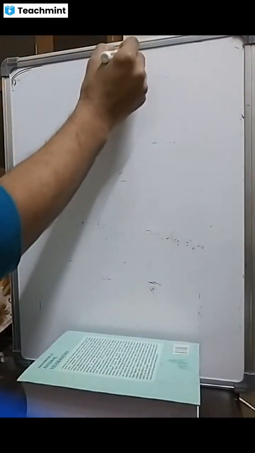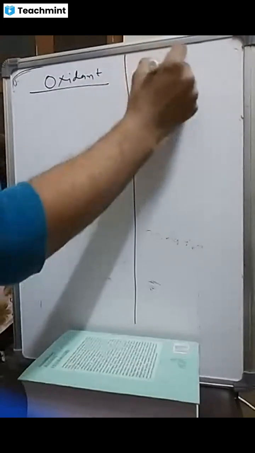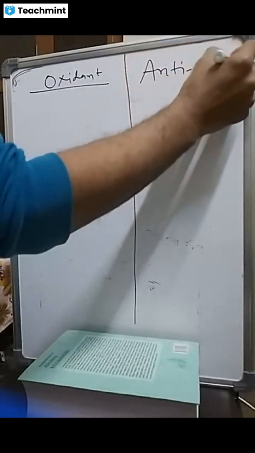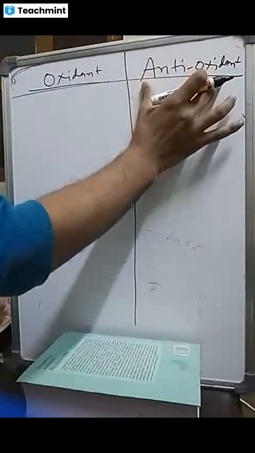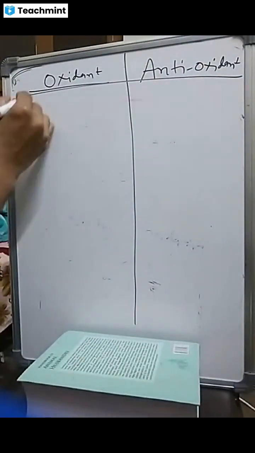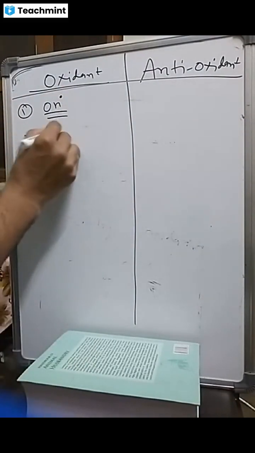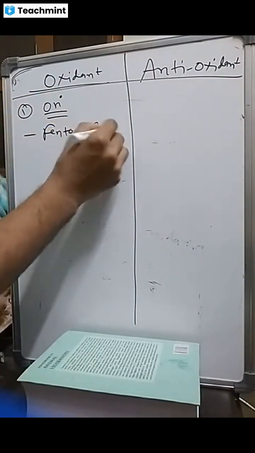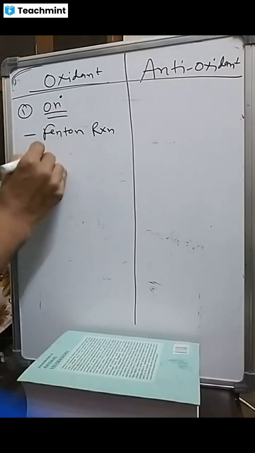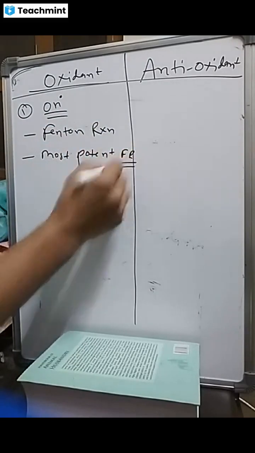If these oxidants are generated inside the body, let us see examples and their protective mechanism. One is the hydroxyl free radical, generated by the Fenton reaction. This is known as the most potent free radical.